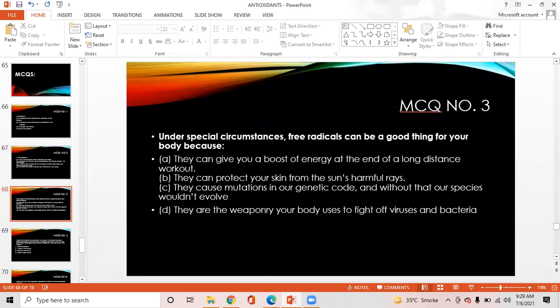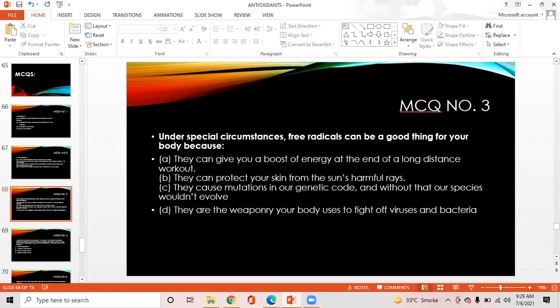MCQ number 3. Under special circumstances, free radicals can be a good thing for your body because they can give you a boost of energy at the end of a long distance workout. They can protect your skin from the sun's harmful rays. They cause mutations in our genetic code, and without that, our species wouldn't evolve.